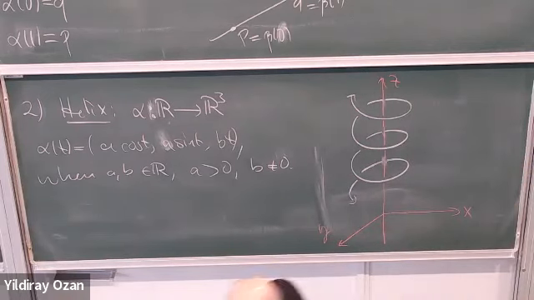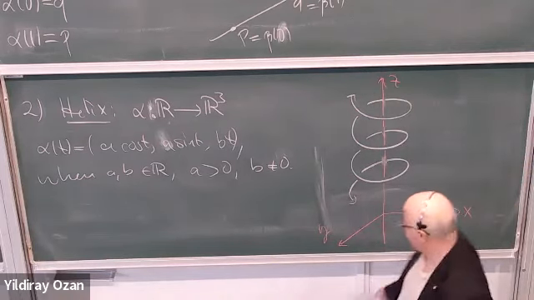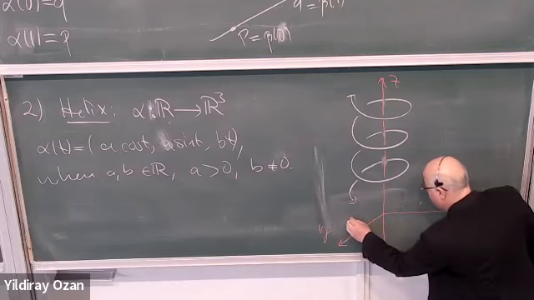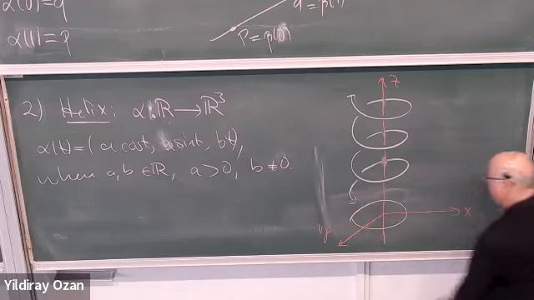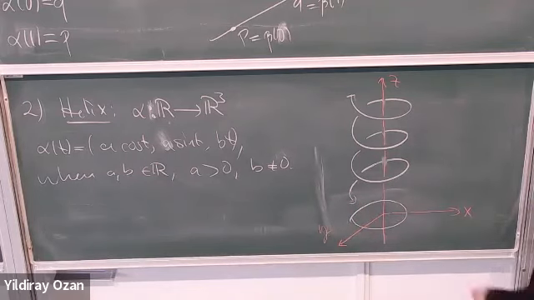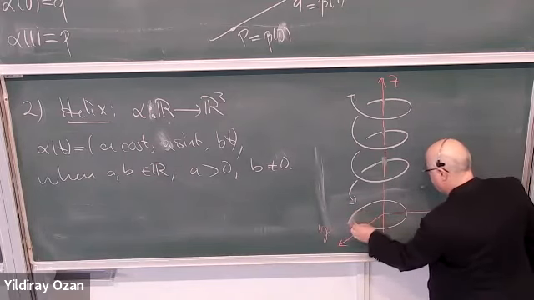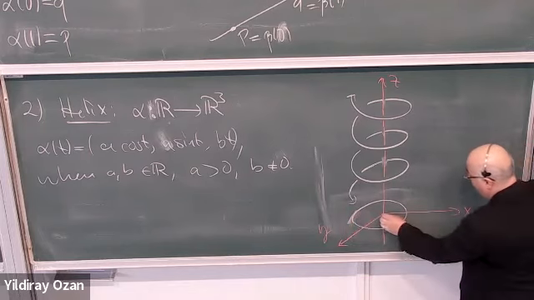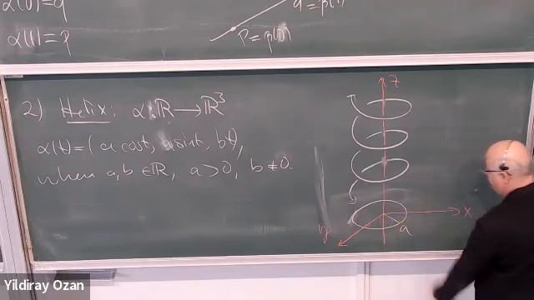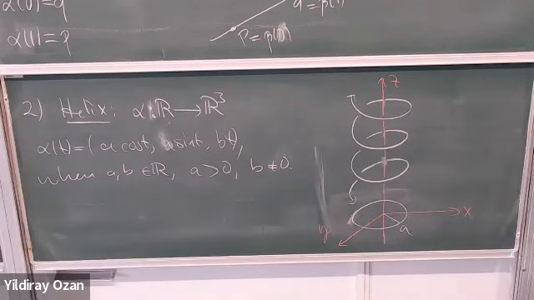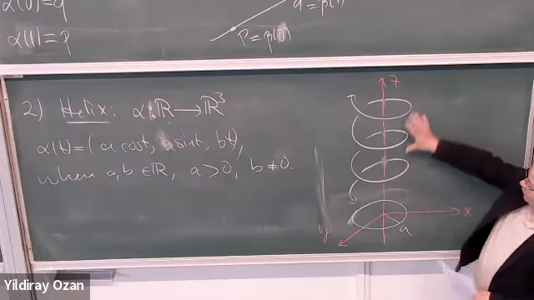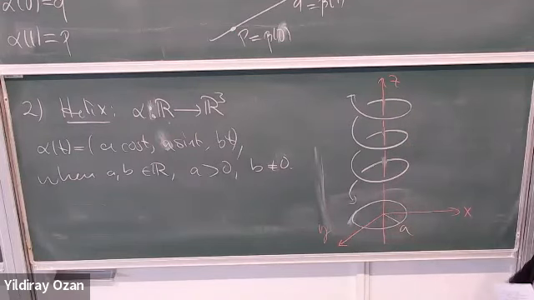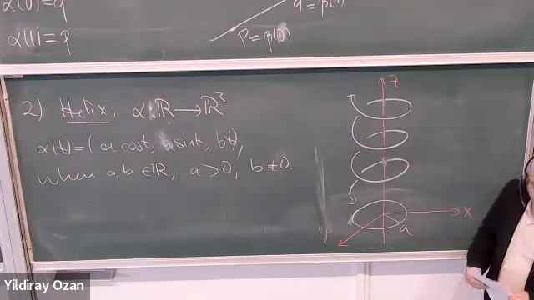The projection of this helix onto the xy plane is this circle, okay? Well, this is supposed to be a circle of radius a, okay? This is the projection of this helix onto the xy plane.